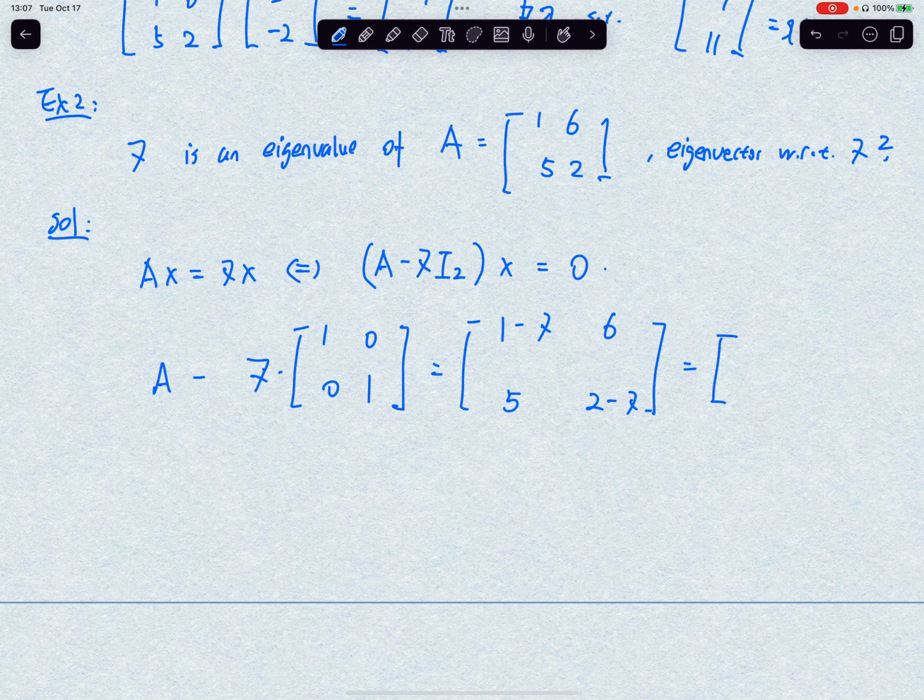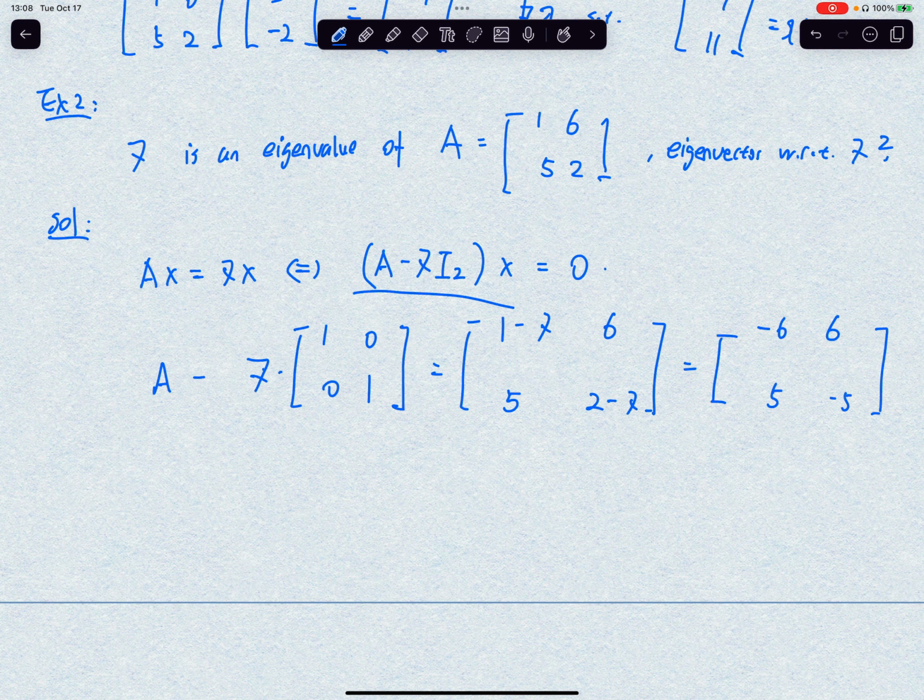That gives us [-6, 6; 5, -5]. The columns of this matrix, A minus 7 I2, are obviously linearly dependent. Therefore, it has non-trivial solutions. So we have now proved the existence. It remains to find the exact eigenvector.